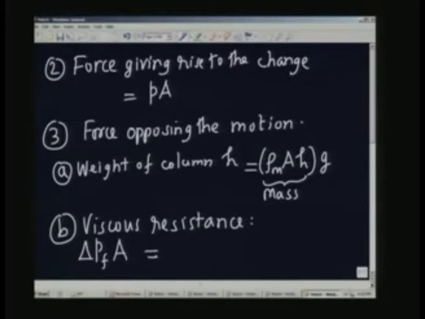This is what I want, delta Pf into area of cross section is what is required, and this will be nothing but delta Pf is m dot into r by definition of the resistance, multiplied by the area of cross section.